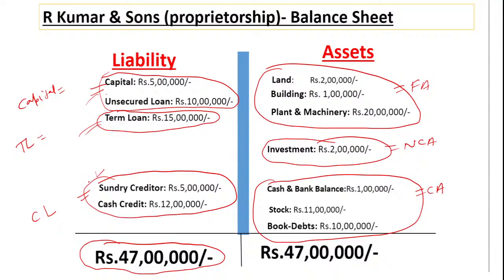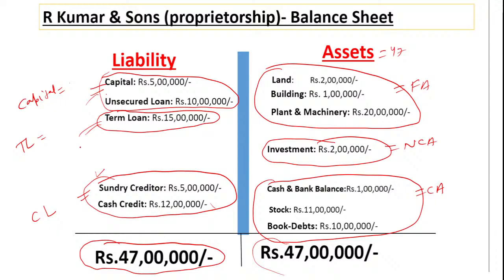People are not able to answer. If I say the size of the balance sheet is 47 lakhs and total asset is 47 lakhs, and we are having liability side term loan of 15 lakhs and current liability of 17 lakhs, can you arrive at the capital? People are not able to calculate.